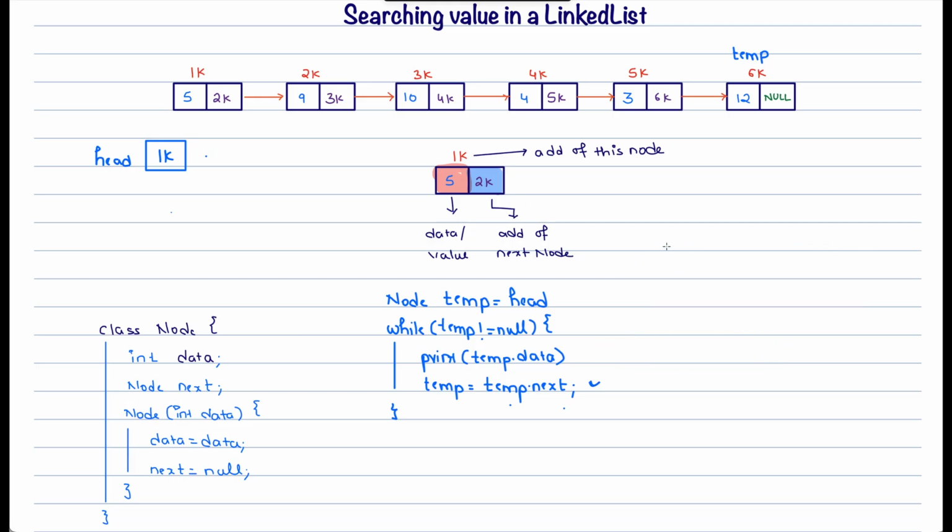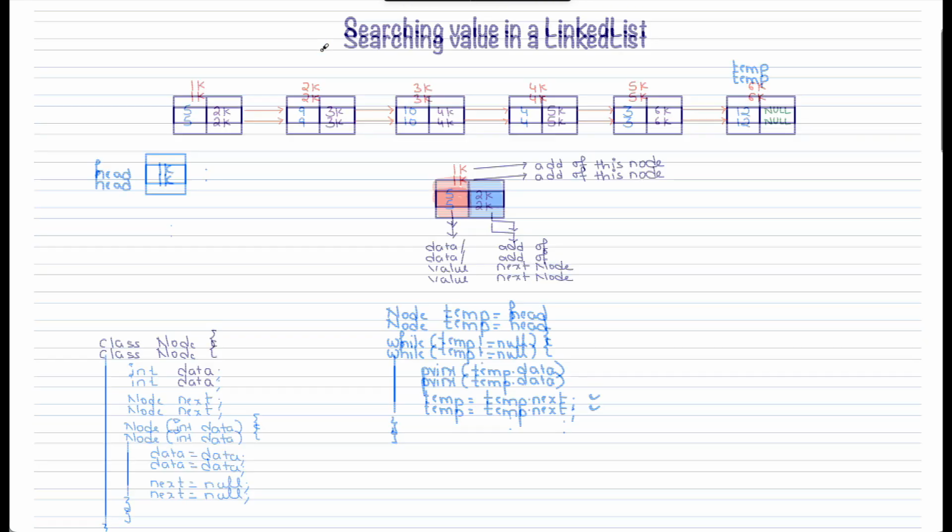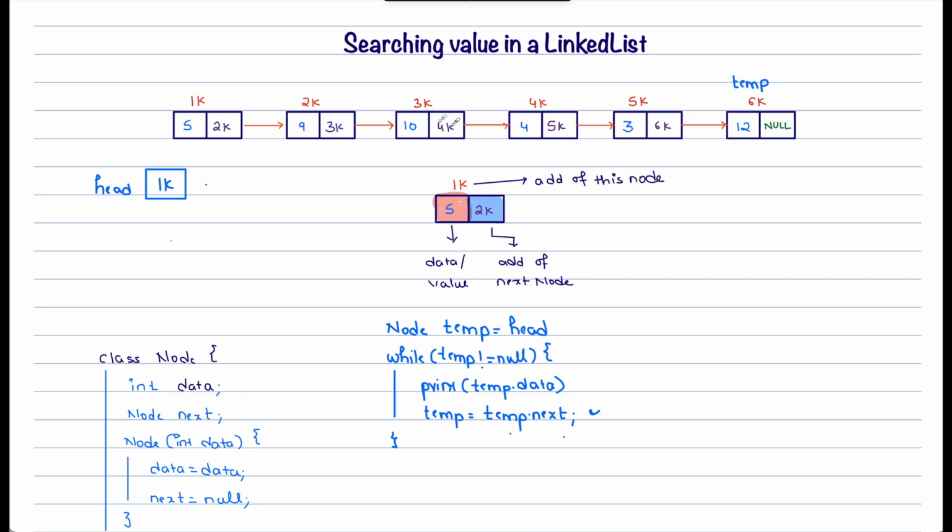If you understood this, then solving this question was pretty simple. Now over here, since I want to search the value, let's imagine that the target value that I want to search is 3. So let's take this example only.